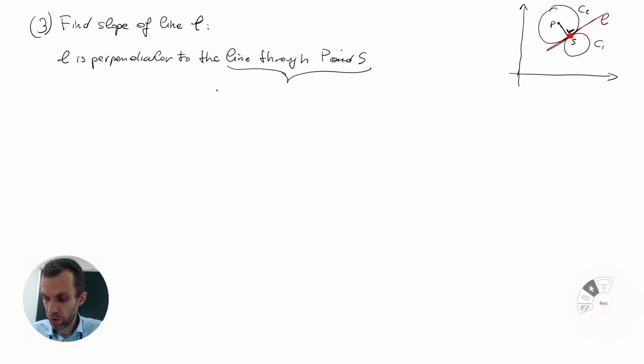Let's call the slope of that line MPS, and we know the formula for the slope. It's the difference of the y coordinates divided by the difference of the x coordinates. So here we know that P had coordinates 0, 3, S had coordinates 1, 4. So the slope is 4 minus 3 divided by 1 minus 0, and so that is equal to 1.